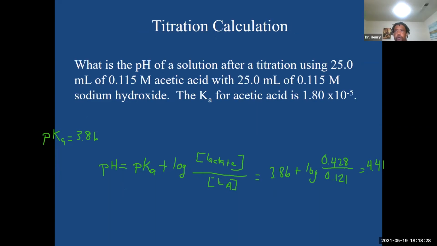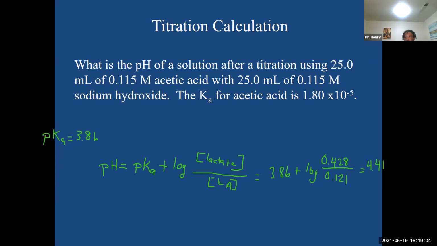So when we talk about titration, again, you're going to be adding enough acid to get the equivalence point of the base, or vice versa. In the case of a weak acid and a strong base, do you guys remember, is your equivalence point going to be greater than 7, 7, or less than 7?